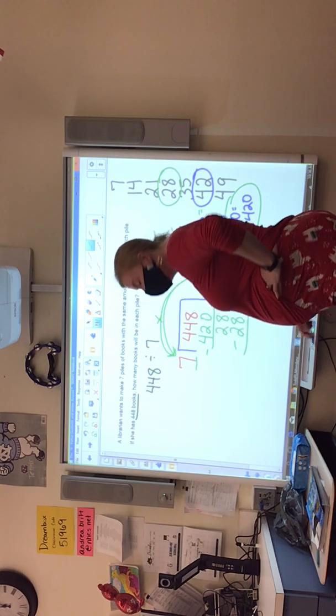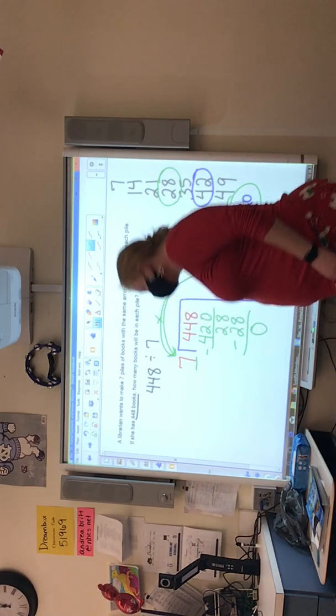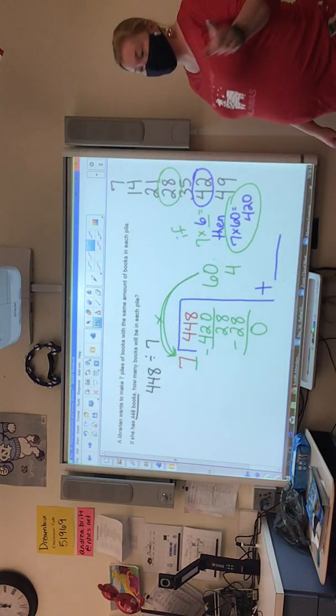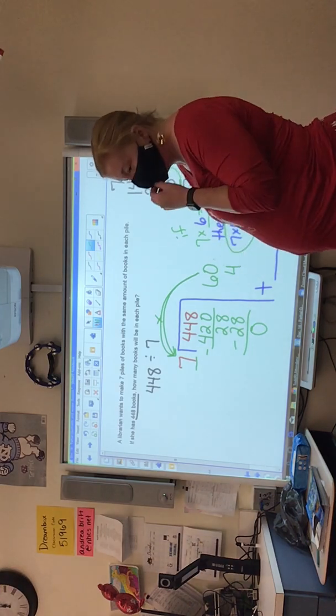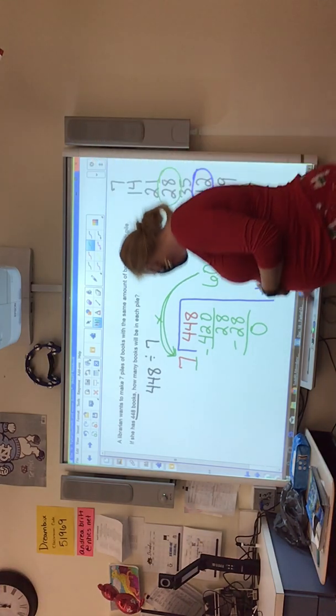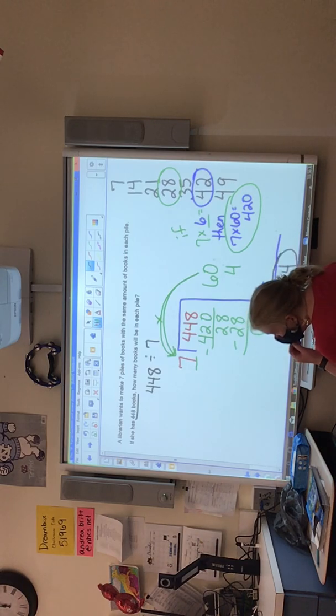Subtract. As long as we get what, we are done? 0, because we are not working with what? Remainders. We're not working with remainders yet. Perfect. What do I do with these numbers over here, Caden? Add them up. 60 plus 4 is? 64.